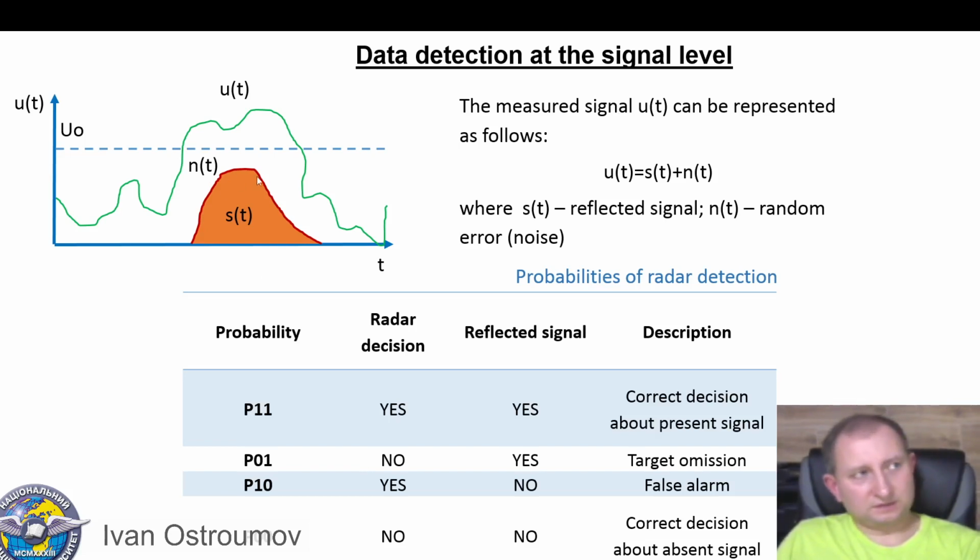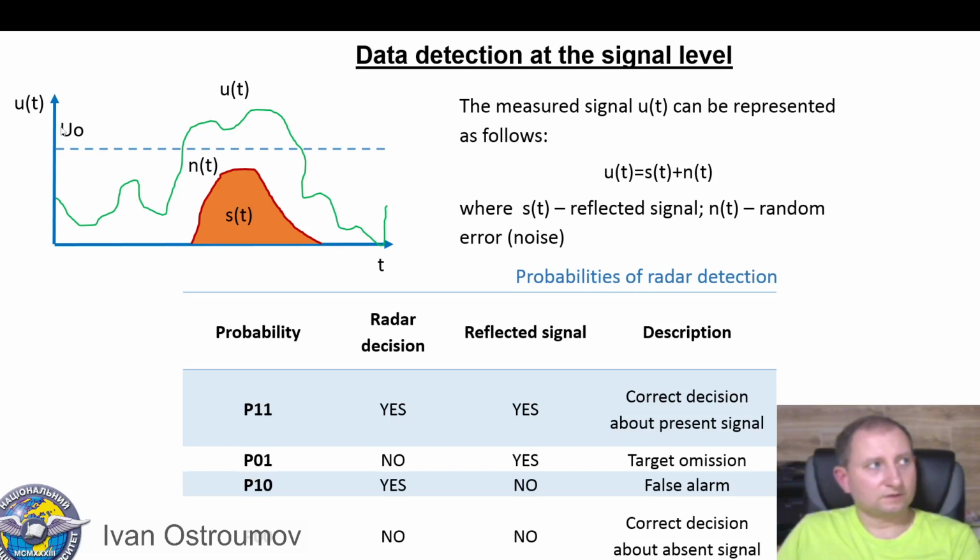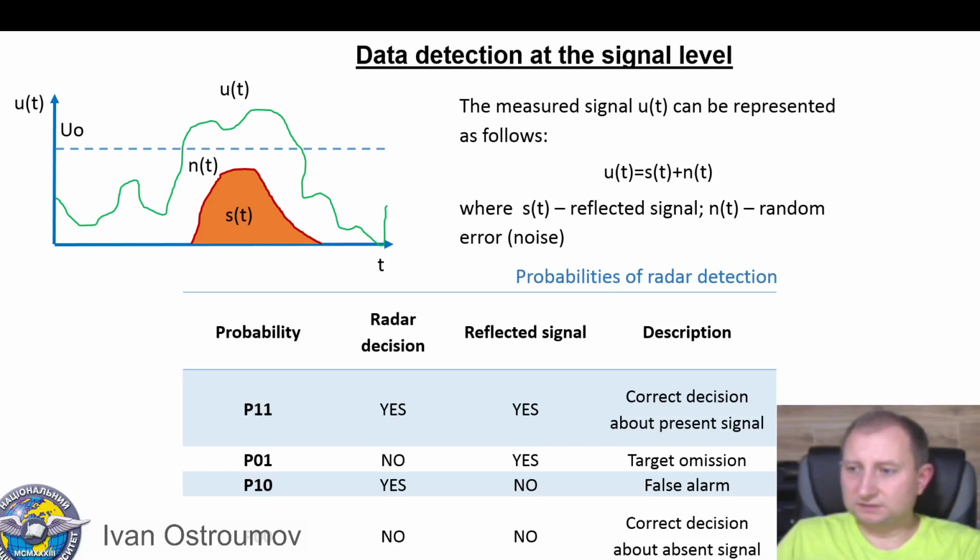Probably this signal was quite poor and it cannot cross the threshold value. That's why the radar or detector cannot see this signal in their noisy environment. And in this case, this probability is called target omission. It means that we missed our correct signal, however it was present.